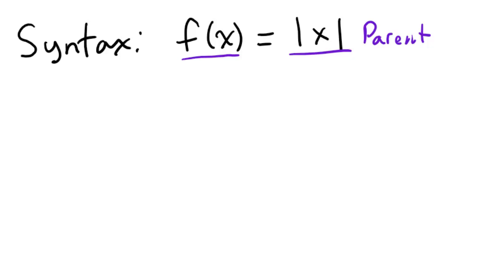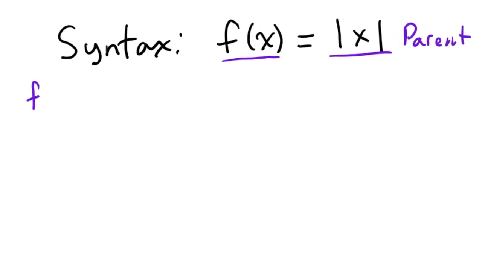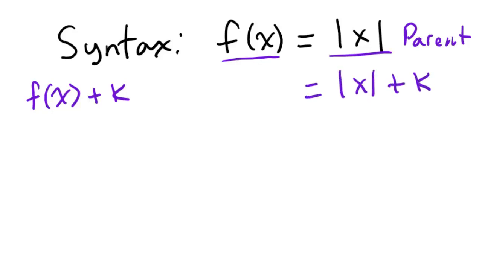So the most common thing that we start off with is describing a transformation or a shift like this, f of x plus k. If I showed you what that looked like over here, that would be the absolute value of x plus k, and it would appear on the outside of the function.